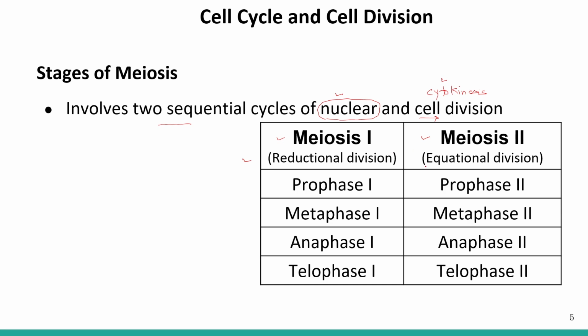Meiosis 2 is similar to mitosis and is known as the equational division, meaning the chromosome number remains the same. Meiosis 1 is further divided into prophase 1, metaphase 1, anaphase 1, and telophase 1. Meiosis 2 is further divided into prophase 2, metaphase 2, anaphase 2, and telophase 2.